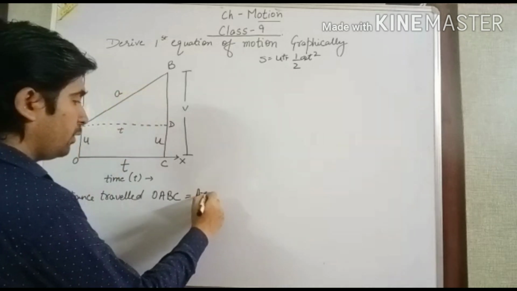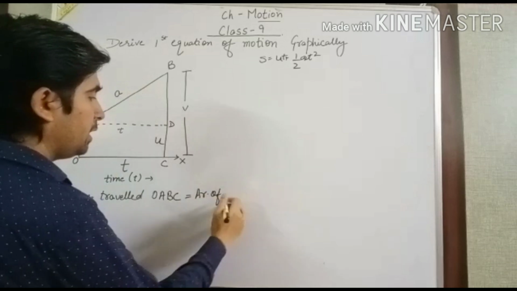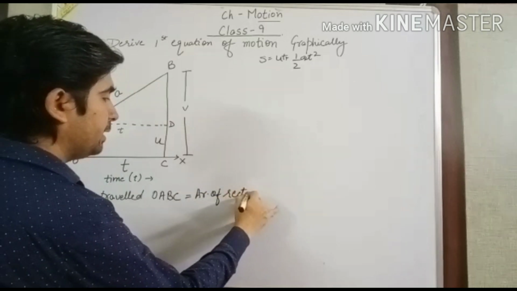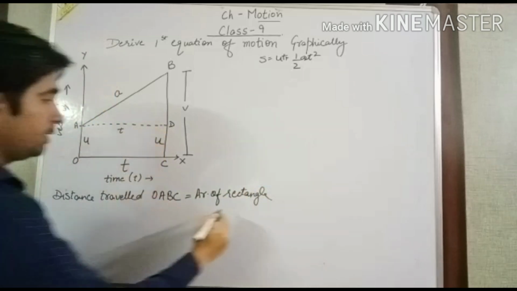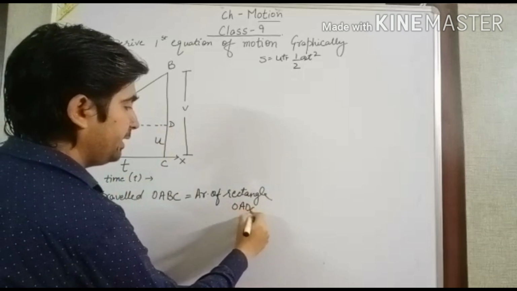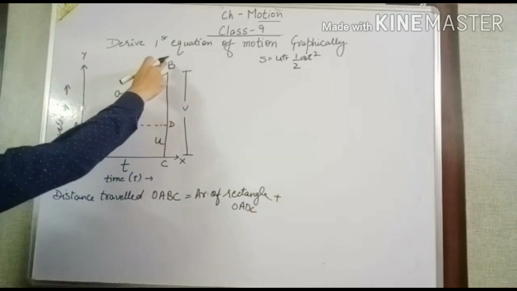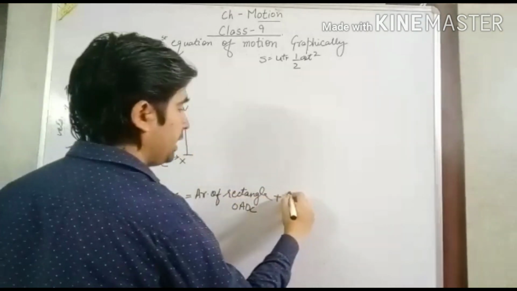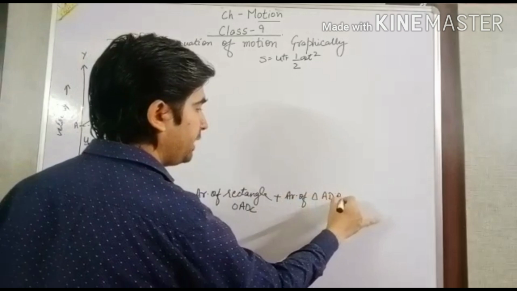So for this, the area of rectangle OADC, we add the area of triangle ADB.